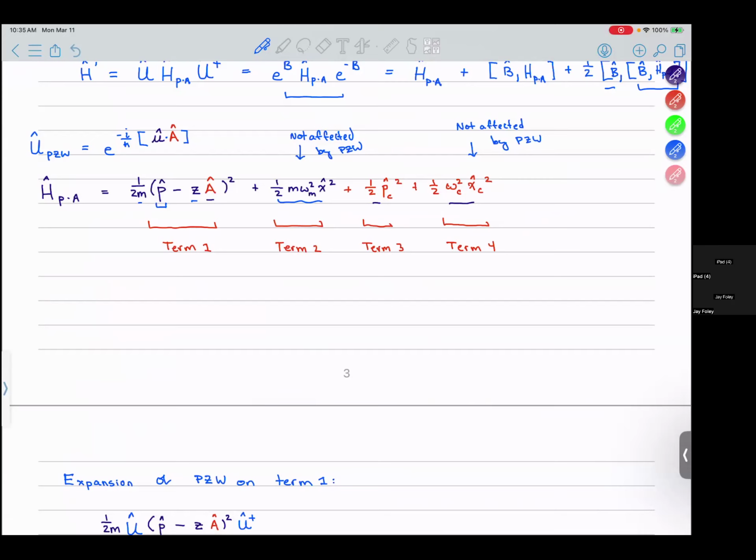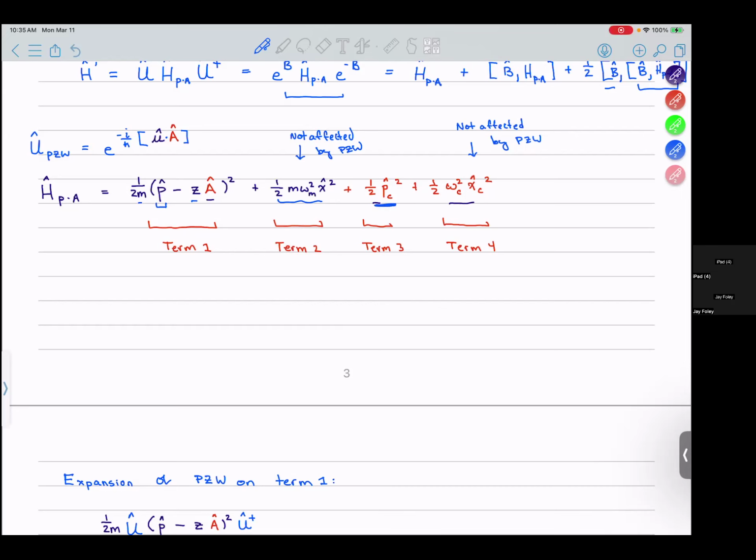That's like the magnitude multiplying the position operator in the PZW transformation. So we should see something like lambda naught mu hat is related to the magnitude of this shift on the photon momentum operator here in term 3.